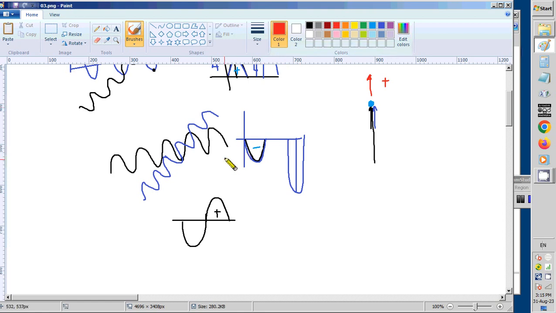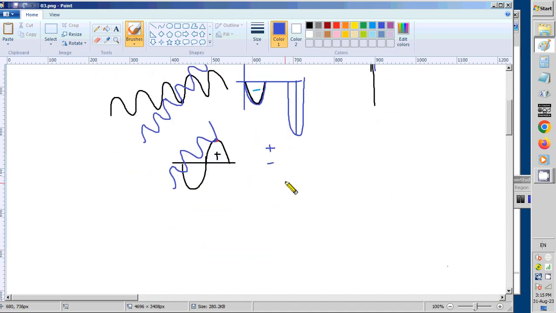Imagine this water particle is here like that, and the other wave overlaps with this wave like this, the trough with this crest. What happens? They cancel each other: positive and negative cancel. Therefore we call it cancellation.